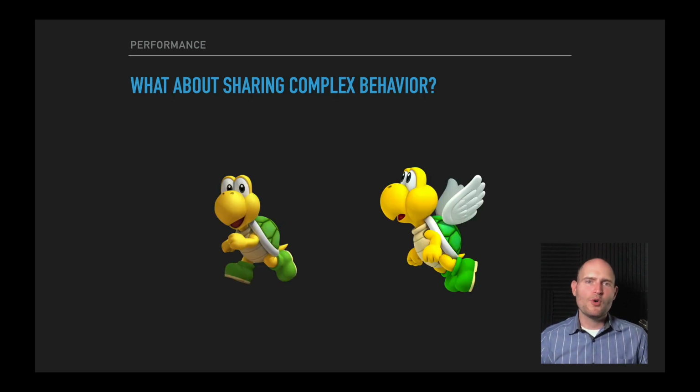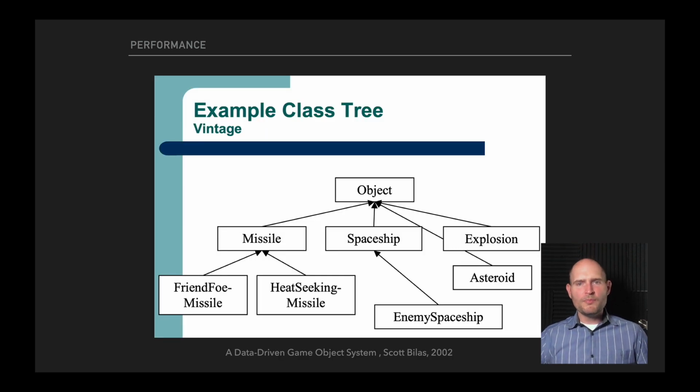Now, what about polymorphism and sharing complex behavior between your different entities? Okay, so for example, in Super Mario Brothers, you have these Koopa Troopas, and then you have the flying Koopa Troopas with wings, which feels like those should be a subclass of the Koopa Troopa, right? Well, the problem you'll often run into in modeling is you end up with these hierarchies which seem to make a lot of sense up front.